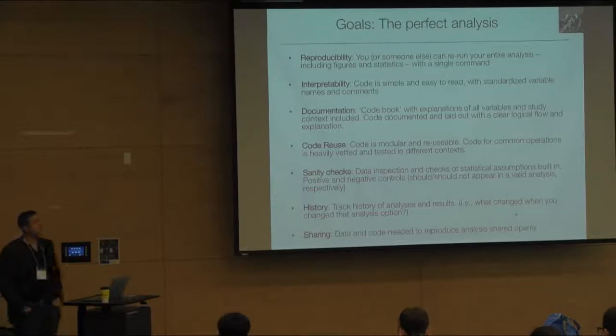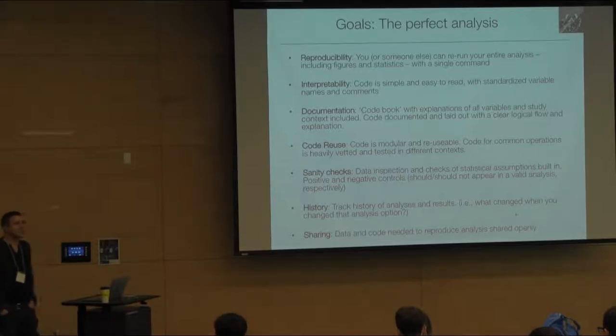I feel like maybe a lot of this is preaching to the choir, but you're getting 2 weeks of this, but who knows? They're sort of hard-won things for me. So that you or somebody else can rerun the entire analysis. It should be interpretable. This is really hard, I think: the code should be really simple and easy to read. Anybody should be able to read that code, maybe even if they're not that familiar with the system.